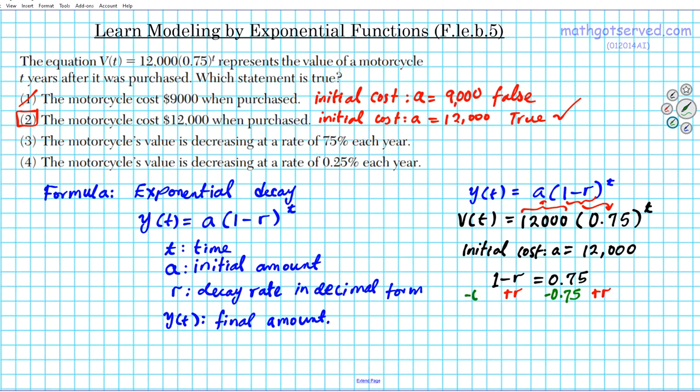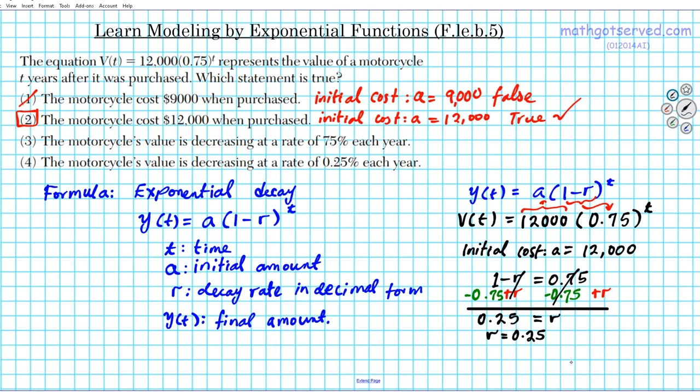We're doing 2 steps simultaneously. 1 minus 0.75 is 0.25. The r's cancel out. 0.75 minus 0.75 is gone, equal to r. So r, our decay rate, is 0.25 in decimal form.